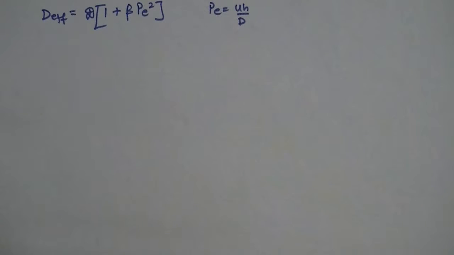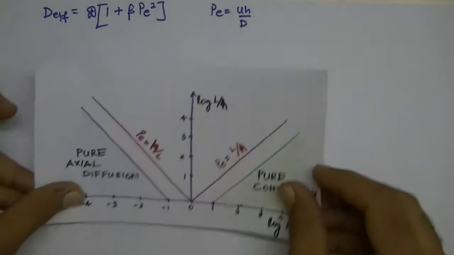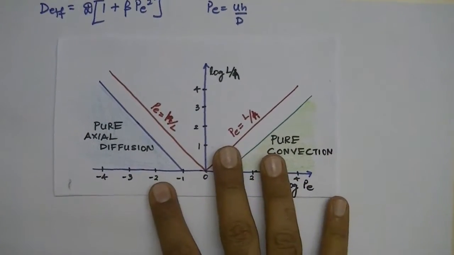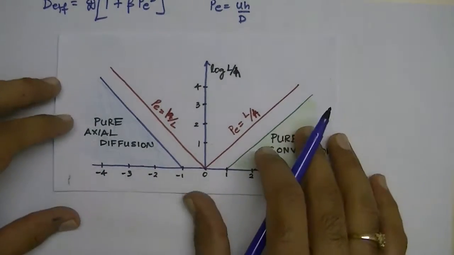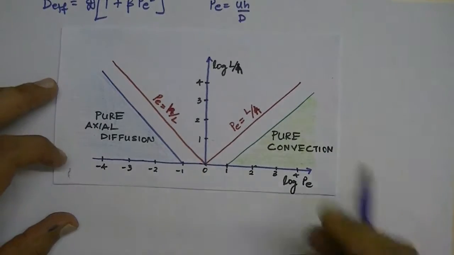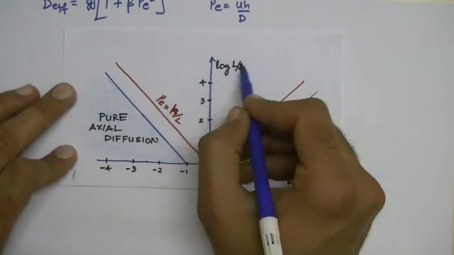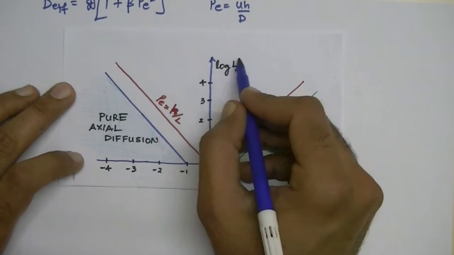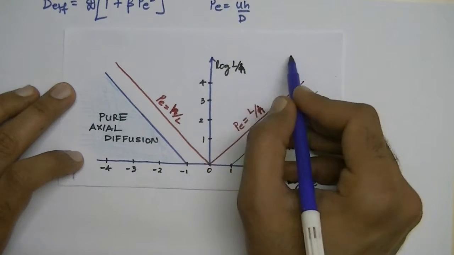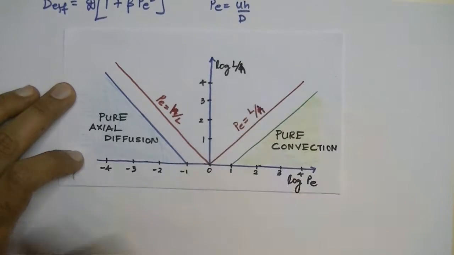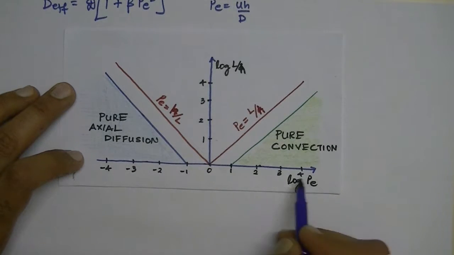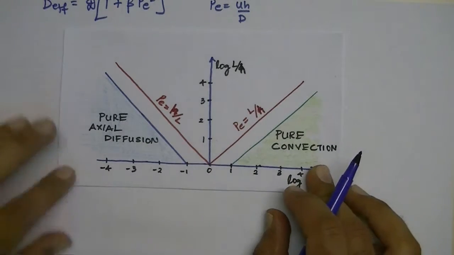So now we can go back and look at the map over here, where we originally looked at log of L by H, which is the length over which the gradient in concentration takes place along the axial direction over the half height of the channel, over the logarithm of the Peclet number.